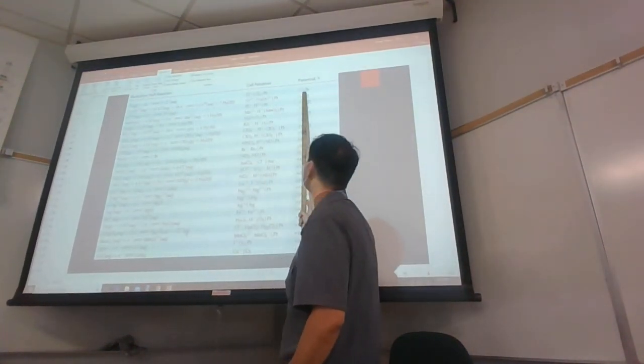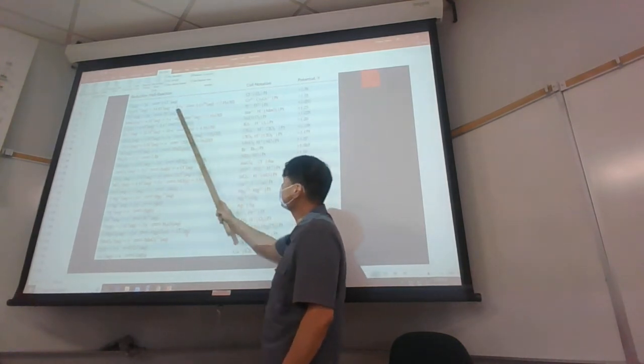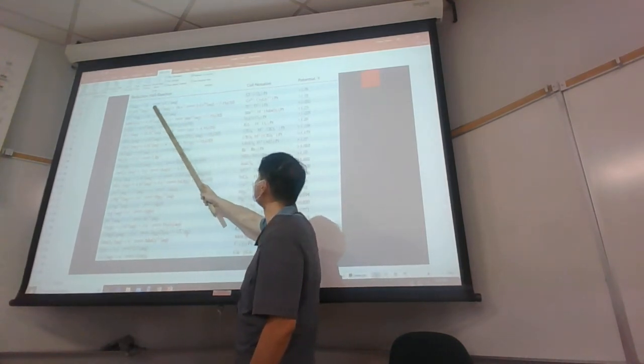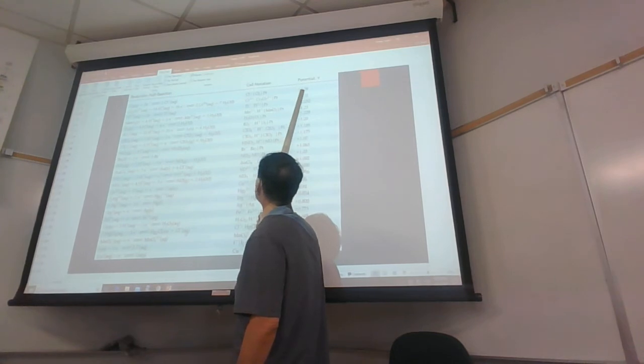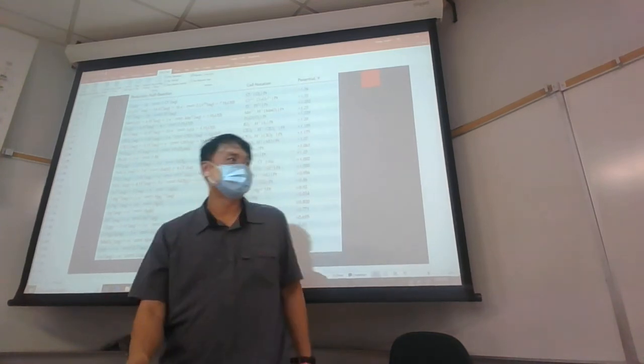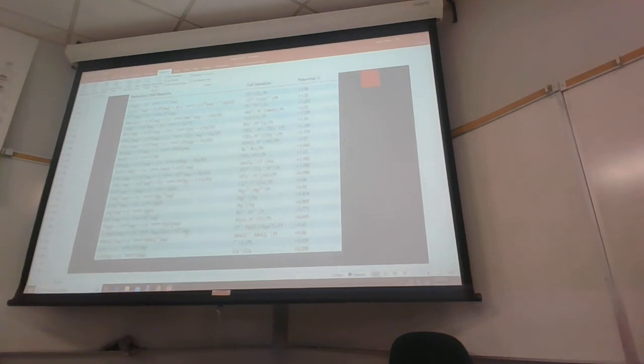That's plus 1.36 volts. So the oxidation potential for chloride would be the reverse of this, negative 1.36 volts. And so the oxidation potential for 2 chlorides going to chlorine plus 2 electrons will be negative 1.36 volts.